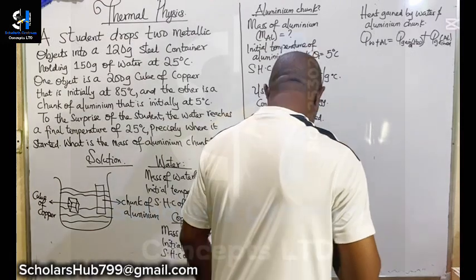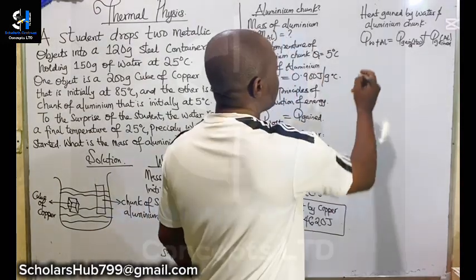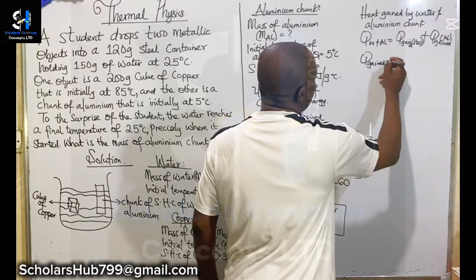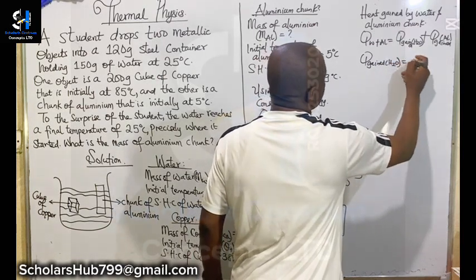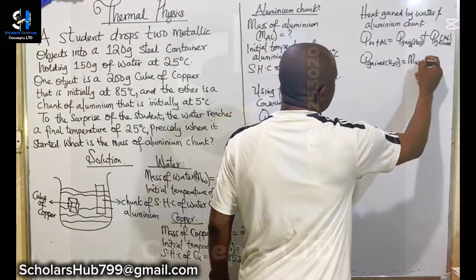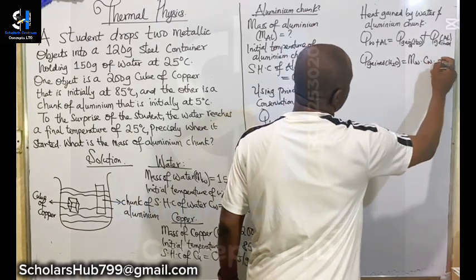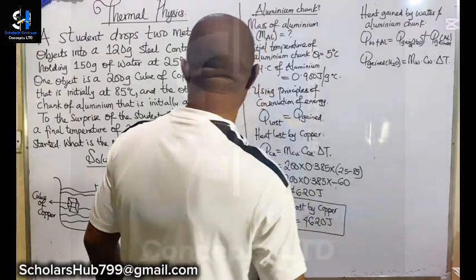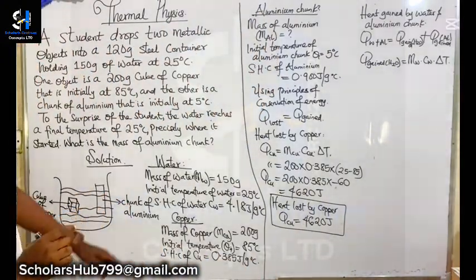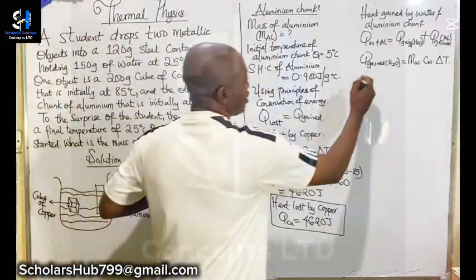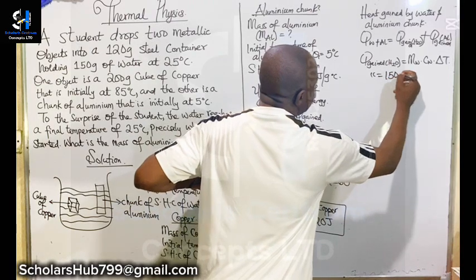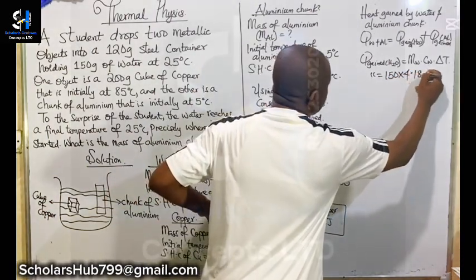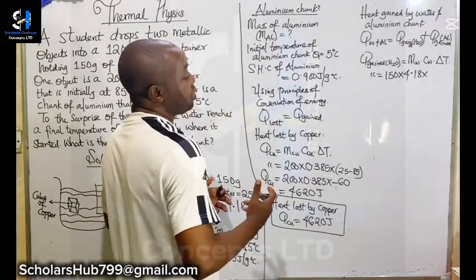The heat gained by water is the mass of water multiplied by the specific heat capacity of water, multiplied by the temperature rise. The mass of water is 150, so this will be 150 multiplied by 4.18, then multiplied by the temperature rise.